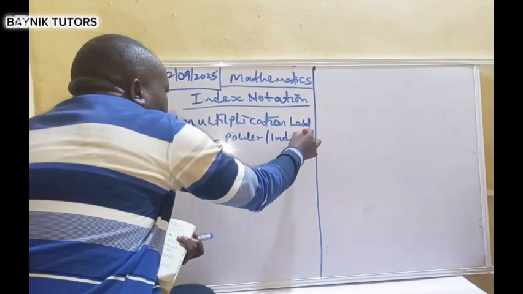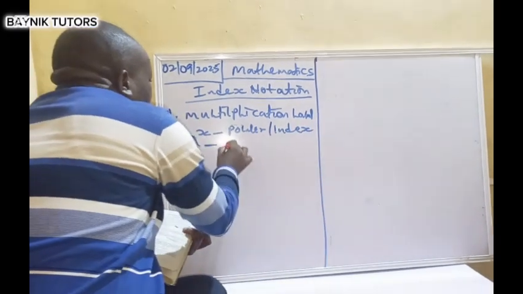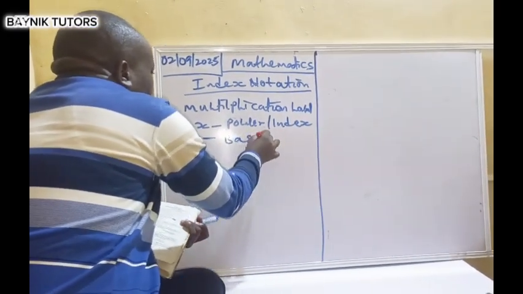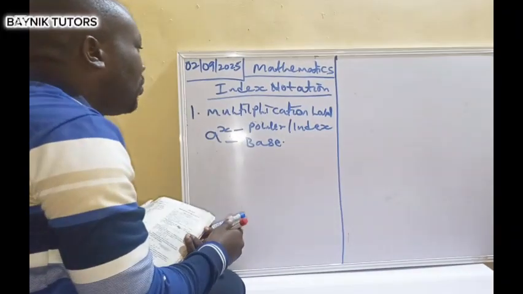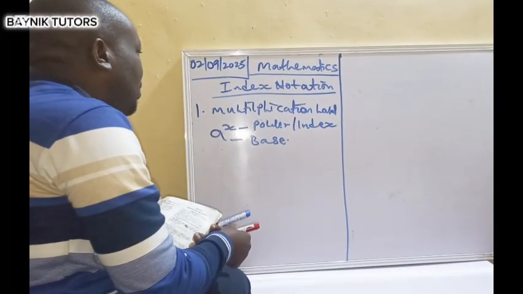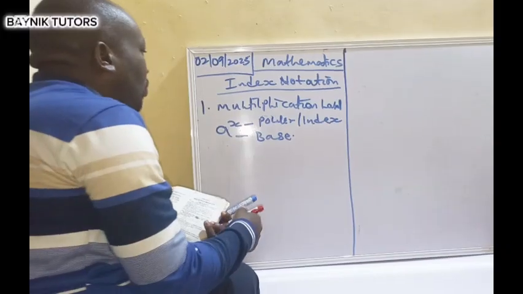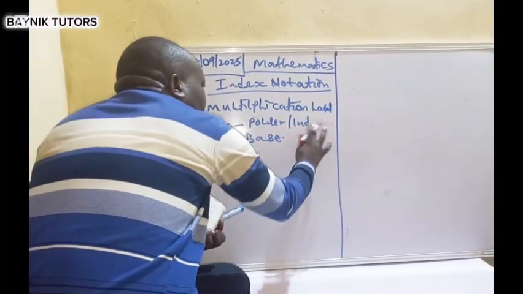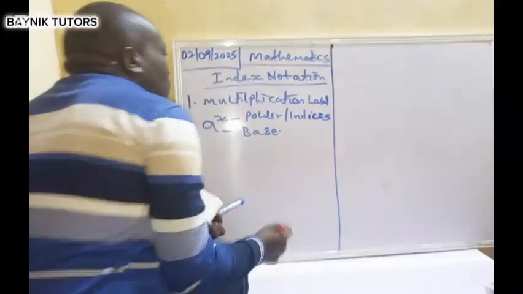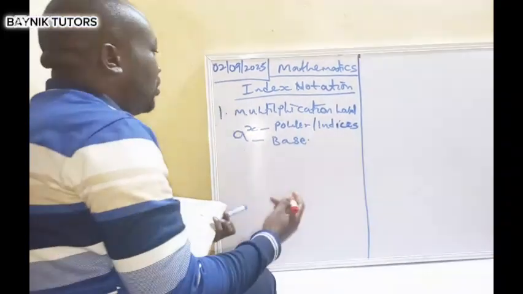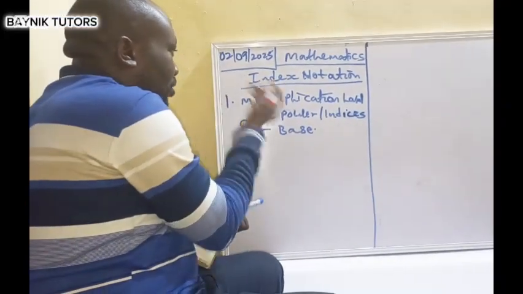For this power or index, we refer to this as the base. So this means a raised to power x, or index x. The plural is indices. So a is the base, x is the power.